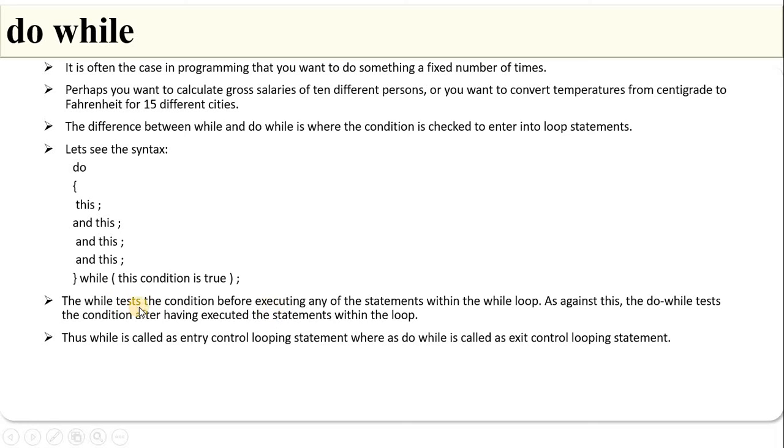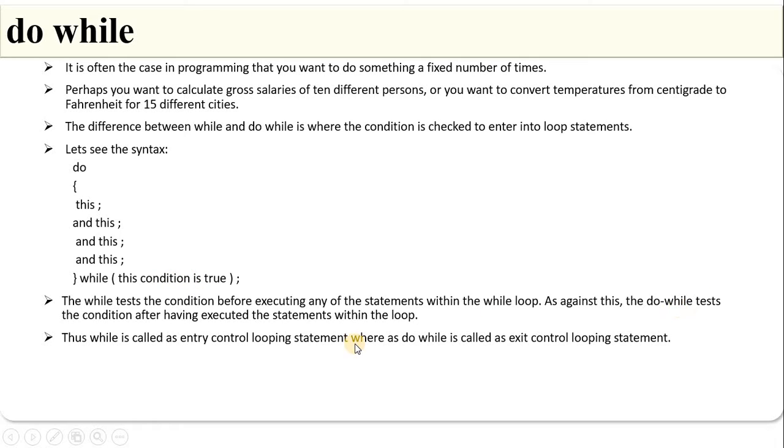Thus, the while tests the condition before executing any of the statements within the while loop. If you see the while loop, the condition is checked at the first. That's why it's an entry control looping statement. Whereas if you see this do while, it's an exit control, because at the exit only the condition is tested.